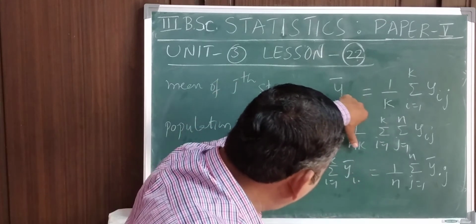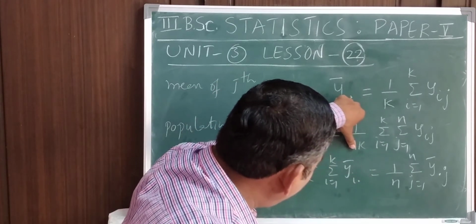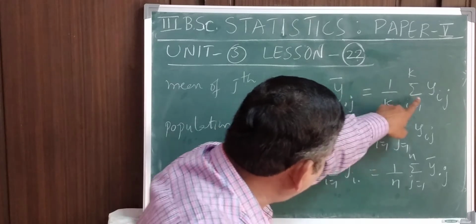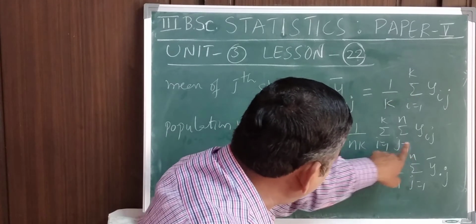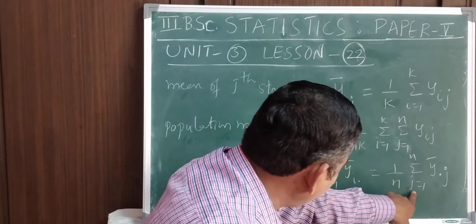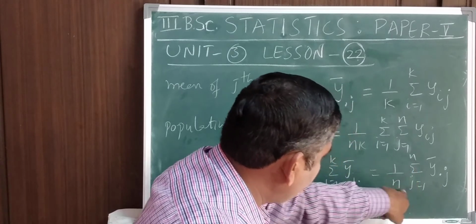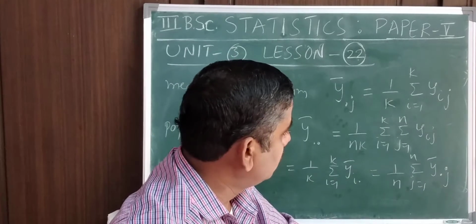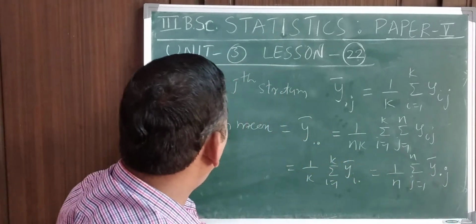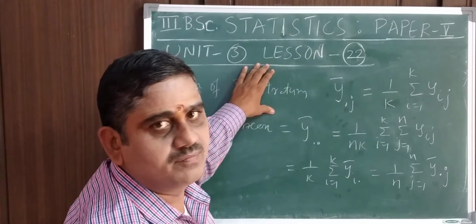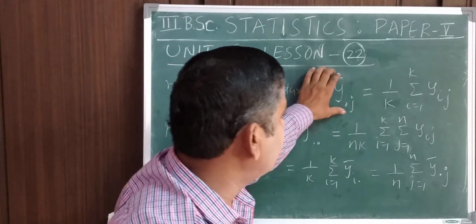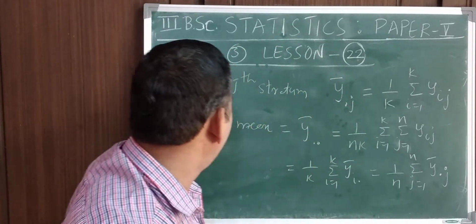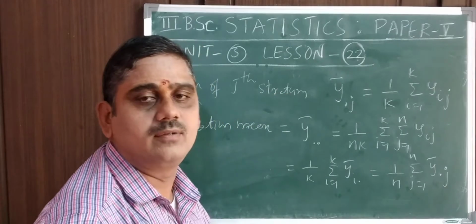And if you observe 1 by k summation i equals 1 to k y_ij is nothing but y bar dot j. So 1 by n summation j equals 1 to n y bar dot j. These are the formulas of population mean and mean of the jth stratum. The mean of the jth stratum is y bar dot j and the population mean is y bar dot dot.